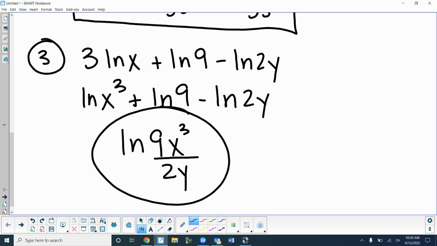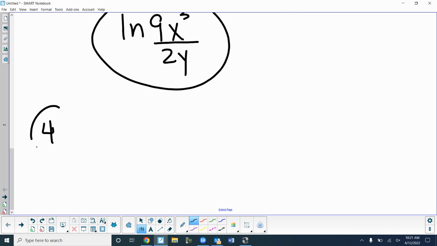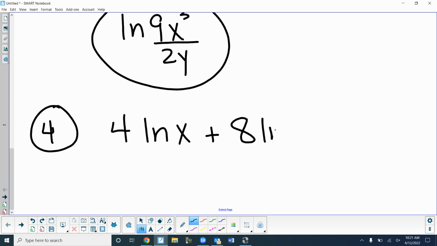Number 4, we've got two numbers in front, so those two numbers become what? They become exponents, right? So the original problem is 4 times the natural log of x plus 8 times the natural log of y, which means that's the same as the natural log of x to the 4th plus the natural log of y to the 8th.